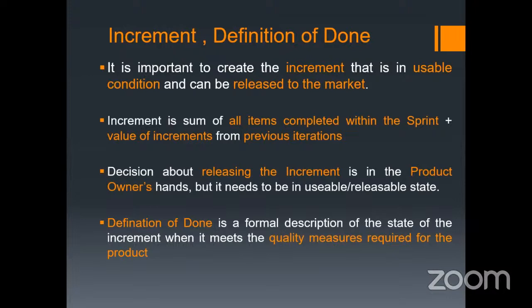That feature's quality must be checked against the definition of done, which is the commitment for the increment, and then it must be combined with the earlier sprints' increments. But releasing the increment is the product owner's discretion.